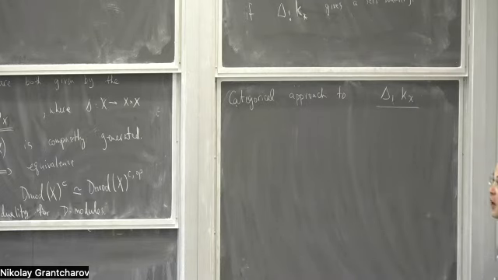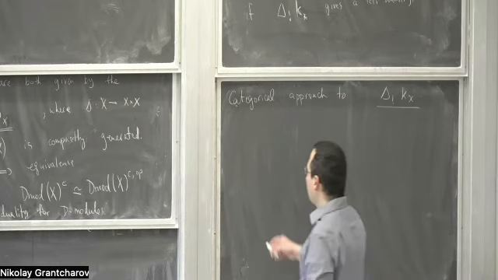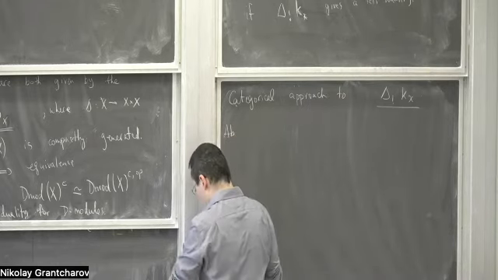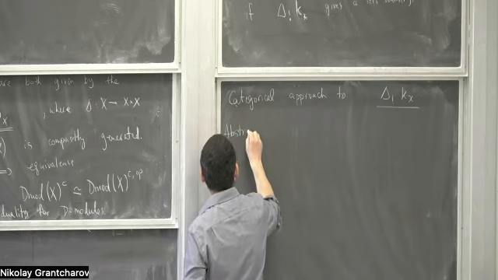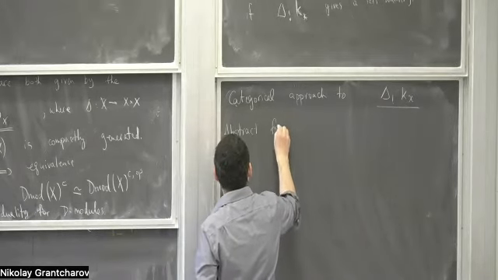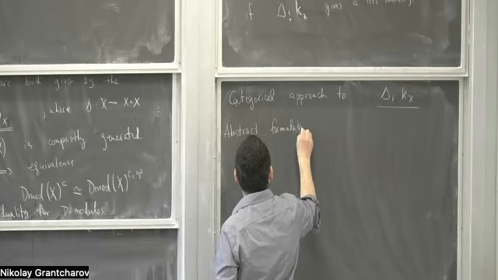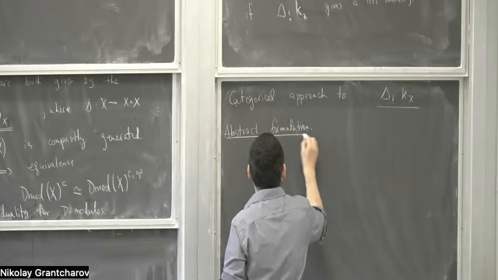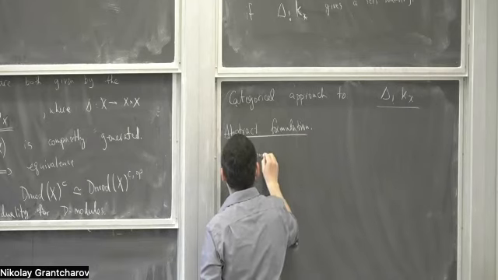Some version of this object makes sense for any compactly generated DG category. So the abstract formulation is like this: let C be a compactly generated DG category.